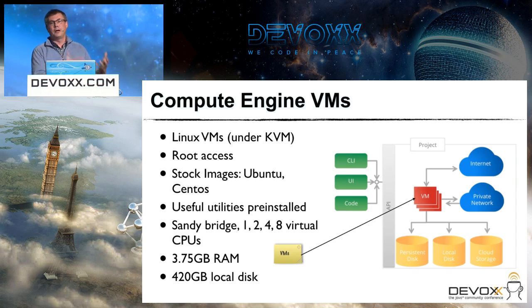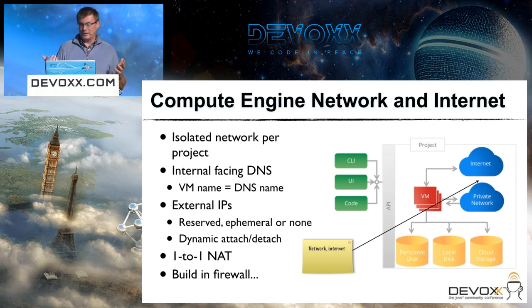Once you have a full VM running inside the Google data center, the network speed between your VM and Google SQL or Datastore or whatever can be very, very impressive. So we have the latest Intel CPUs, quite a lot of RAM by default, and disk.